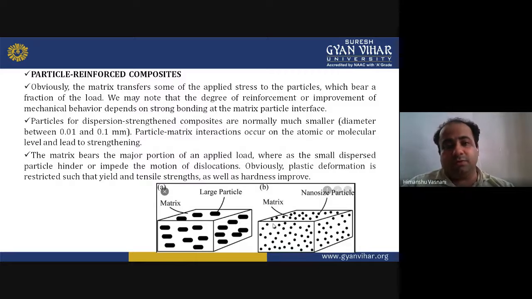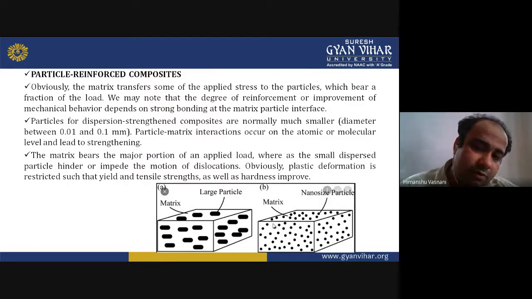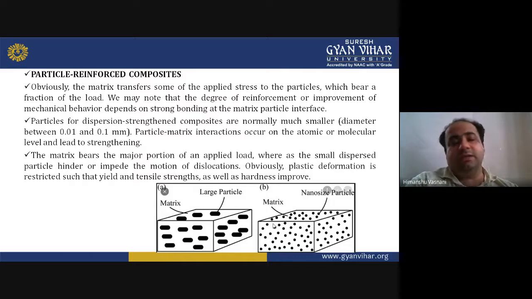The degree of reinforcement or improvement of mechanical behavior depends on strong bonding at the matrix particle interface. Particles for dispersion strengthened composites are normally much smaller, with diameter between 0.01 and 0.1 micrometer, and particle matrix interactions occur on the atomic or molecular level and lead to strengthening.